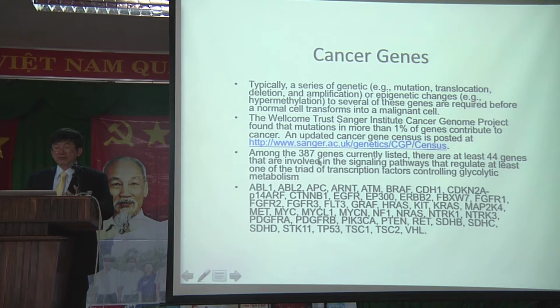And among the 387 genes listed in the cancer gene census at the Wellcome Trust Sanger Institute, there are at least 44 genes that are involved in signaling pathways that regulate at least one of the triad of transcription factors that control glycolytic metabolism. Okay, and this is the list of genes, 44 genes.